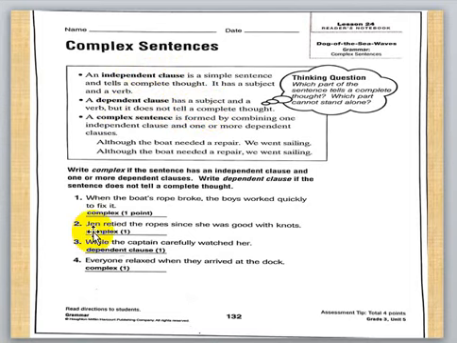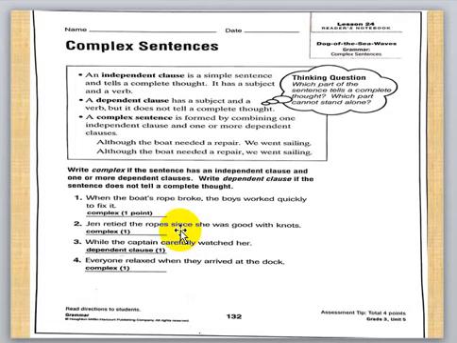Number two. Jane retied the ropes since she was good with knots. Oh, mister, what is this? We have two sentences with what? With since. Since is what? Since is a connector, a conjunction. A conjunction means a connector, a subordinating conjunction.